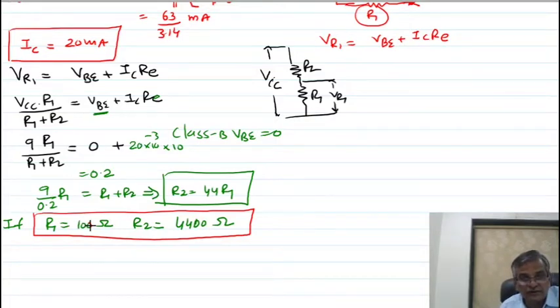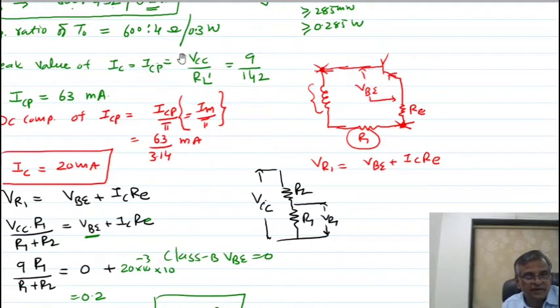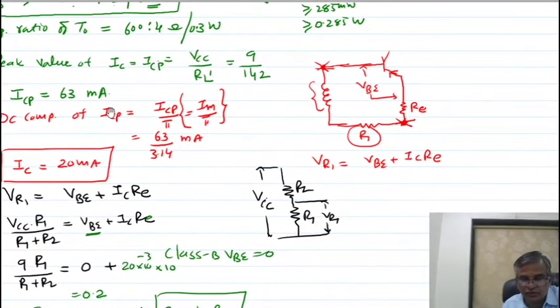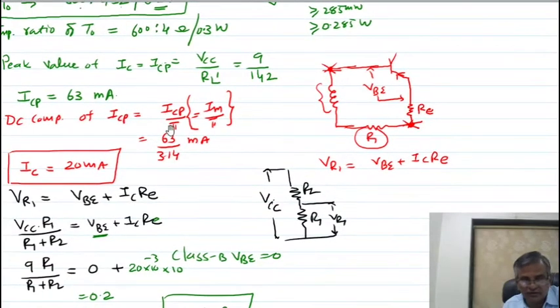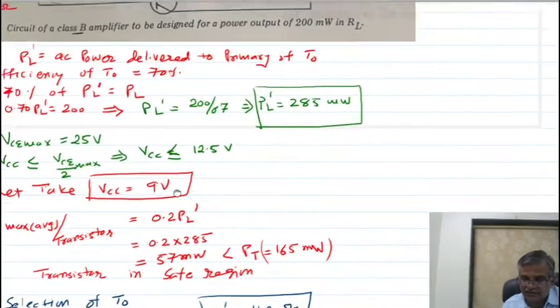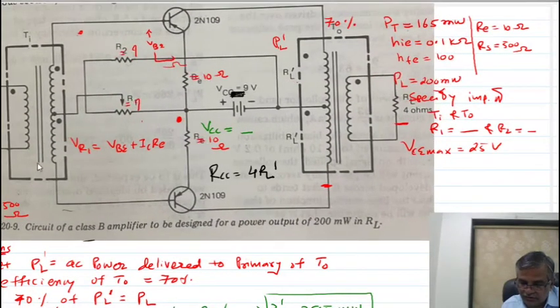How to calculate the R1 R2? VR1 is nothing but the VB. So what I did actually, look here. I find the peak value of the current by keeping VCC by RL. Then from this peak value I find the DC value of the current. This is the AC component, this is the DC component. The DC current multiplied by RE is the voltage across RE, means here, between these 2 points.